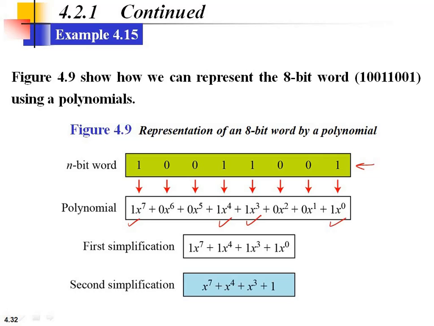So in all these positions we will set the coefficient as 1, and on the remaining positions we will set the coefficient as 0, and then we will assign the powers of x starting from x to the power 7 to x to the power 0 at the end. First we will get 1x to the power 7 plus 1x to the power 4 plus 1x cube plus 1x to the power 0, and then we can further simplify it and get the polynomial x to the power 7 plus x to the power 4 plus x cube plus 1. That will be the representation for our 8-bit word.